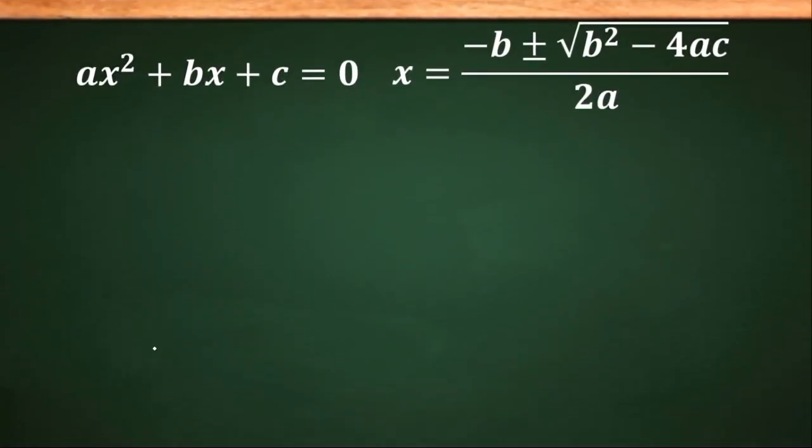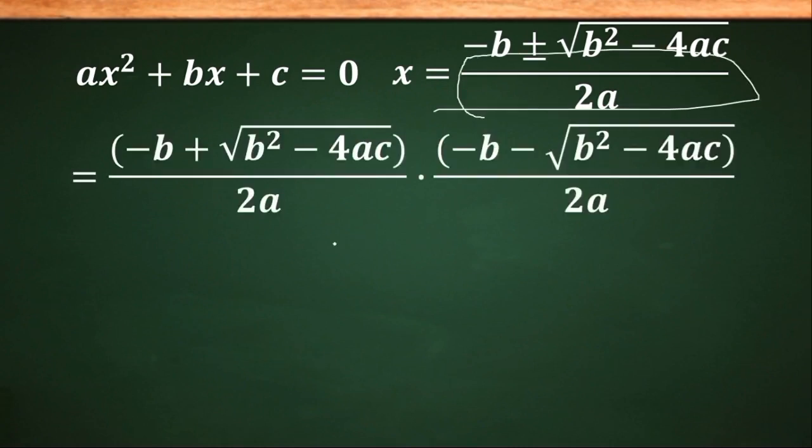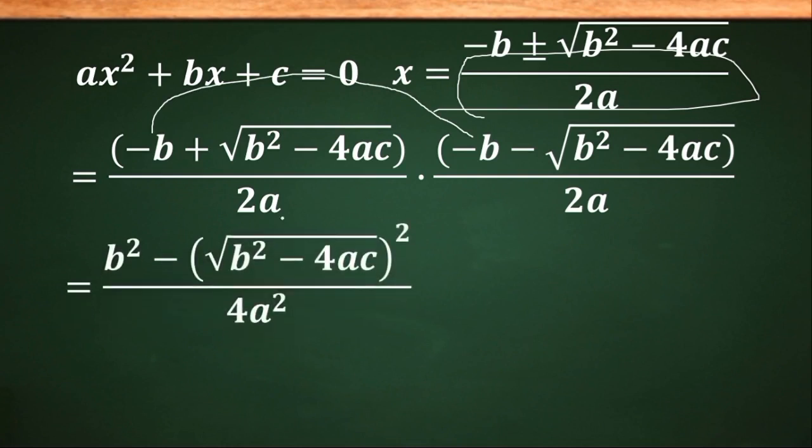Next, how to get the product of the roots? So again, we'll multiply these two roots. By multiplying that, in the numerator, we can multiply the first and the last terms, because if you use the FOIL method, the O and the I will be equal to 0. So we'll just multiply the first and the last term. Negative b times negative b is positive b squared.